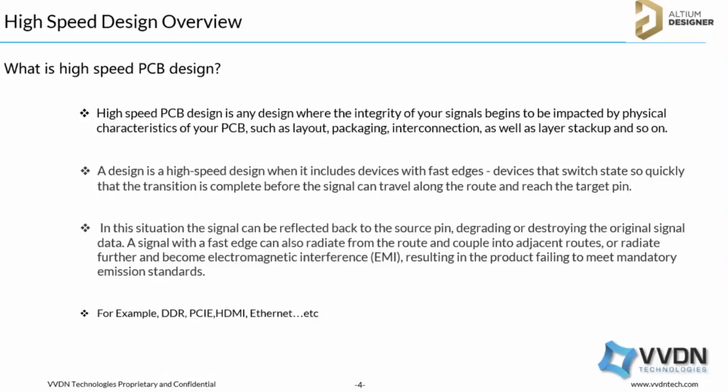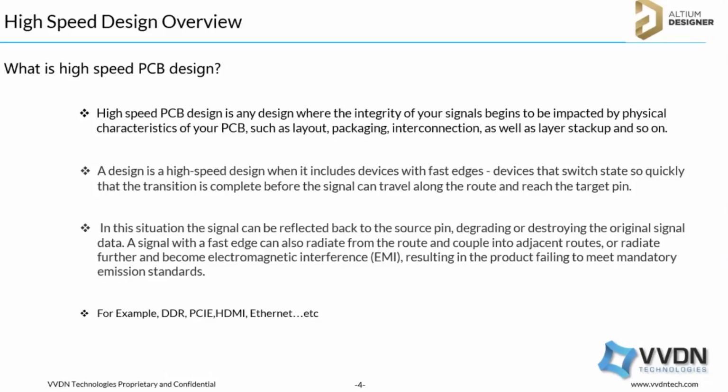Devices with fast edges means they switch state so quickly, from 0 to 1, that the state changes before reaching the destination. If I'm sending a signal from a source component to a destination component or IC device, and the state changes quickly without the signal reaching the destination, then we call it a high-speed design.